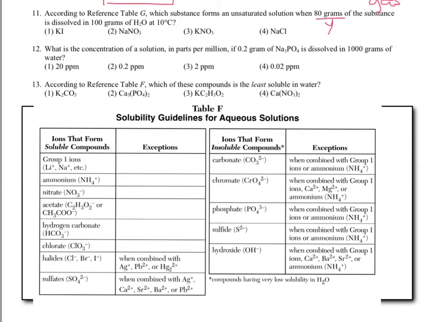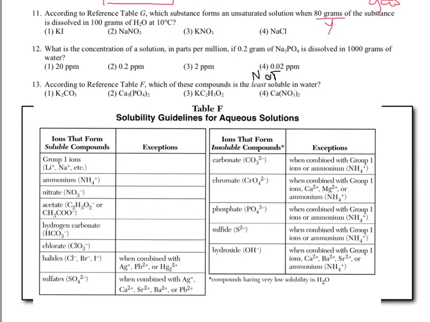Recall that on reference table F, we have soluble compounds, and the exceptions would be insoluble. Then we have insoluble compounds, whose exceptions will make them soluble. And in this question, we are looking for the least soluble. On the regions, least soluble means not soluble or insoluble. So which one is not soluble or which one is insoluble?